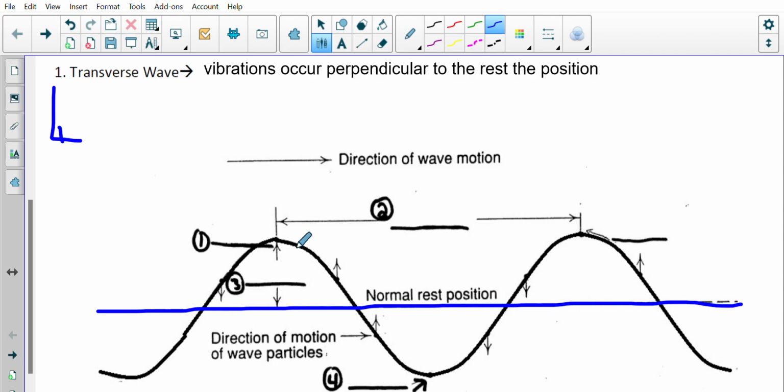Now, at the top of our wave is called a crest. That's terrible writing, I apologize for that, so I'm going to write a little bit better over here. So that's a crest, the top of our waves. The bottom of our wave is called a trough.